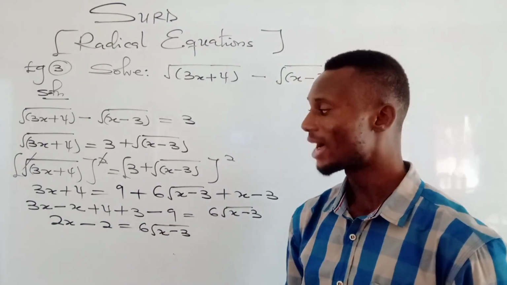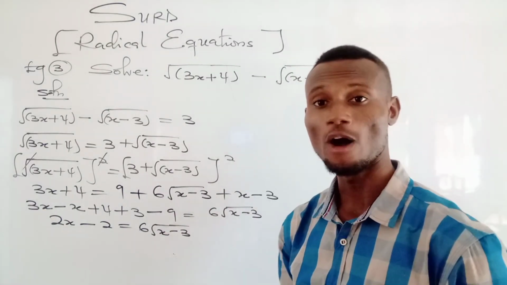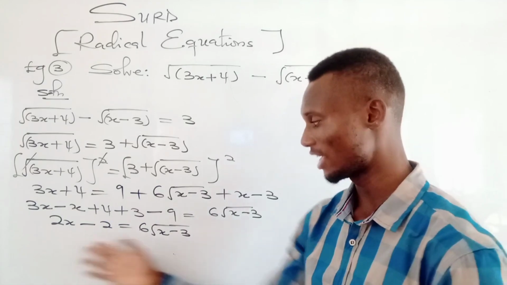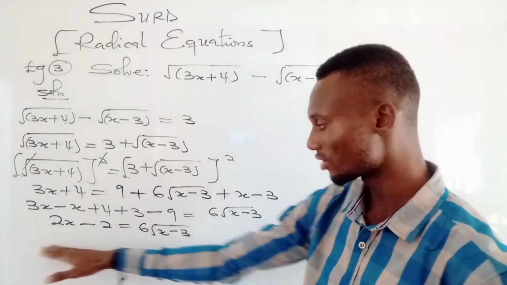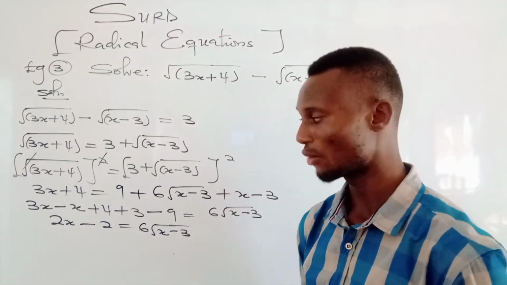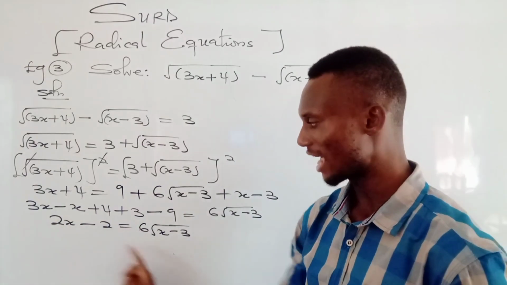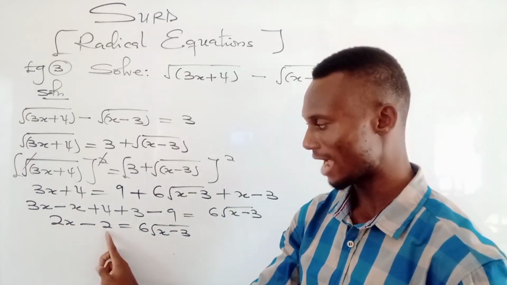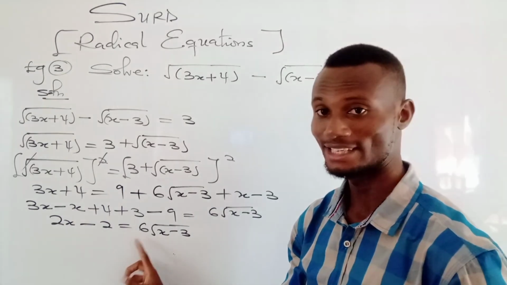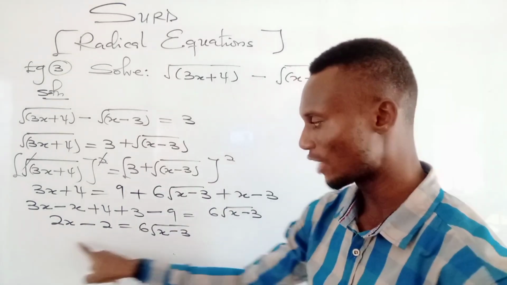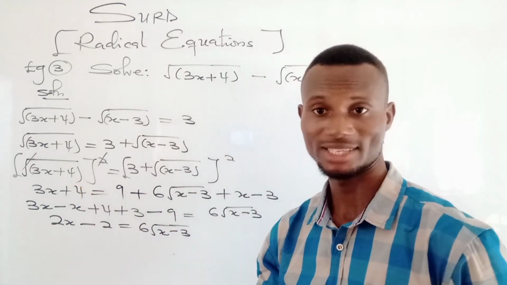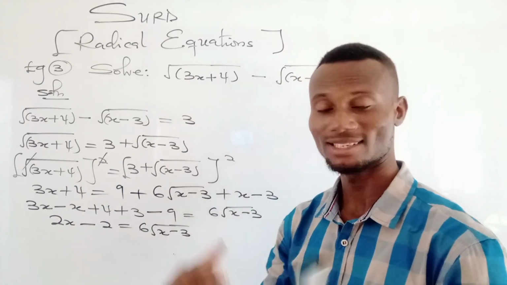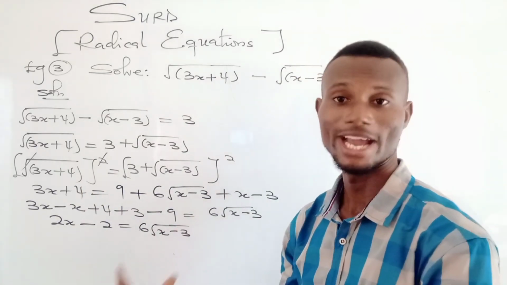Now, I would prefer that before we square both sides of the equation, we reduce the equation. How do we reduce the equation? Check the values that we have in the equation. We have 2 here, we have another 2 here, we have 6 here. So when we divide through the equation by 2, we can reduce it so that it will be much simpler for us to solve further.